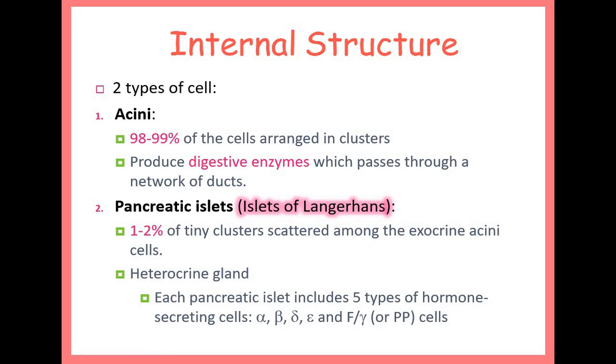The major quantity is beta cells, 60% of the total, the pancreatic beta cells. 30% are your alpha cells, and the rest 10% includes delta, epsilon, and gamma or F cells. They are also referred to as PP cells because they release pancreatic polypeptide, right?